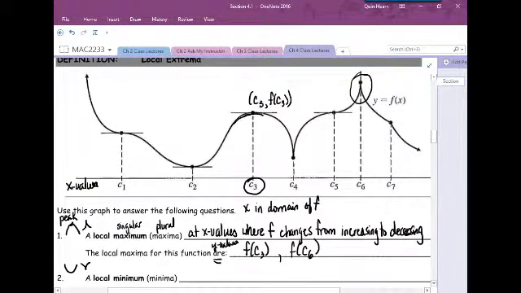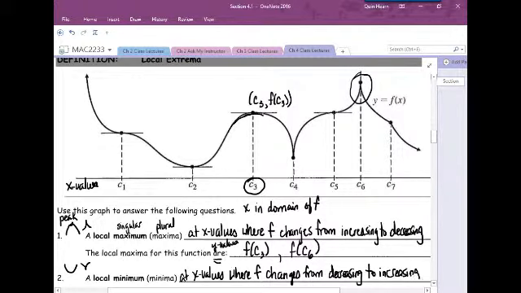So a local minimum occurs at x values where the function f changes from decreasing to increasing. Again, we always read a graph from left to right. So decreasing on the left to increasing on the right. But just think of it as a valley. So where do we have a valley?